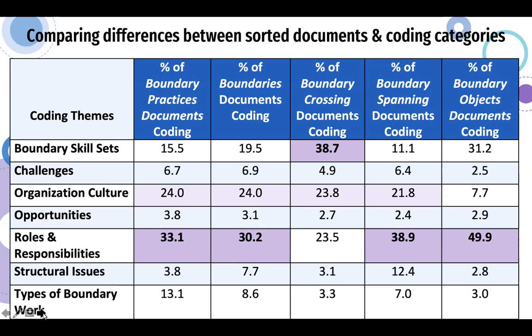However, the one that really intrigued me was the highest coding percentage of boundary skill sets, 38.7%, in a more general boundary crossing category of articles. When I evaluated this, the theme was more about the dispositions and soft skills that boundary crossers use, such as good communication, problem solving, being open to new ideas, being a good listener, and being okay with taking risk.